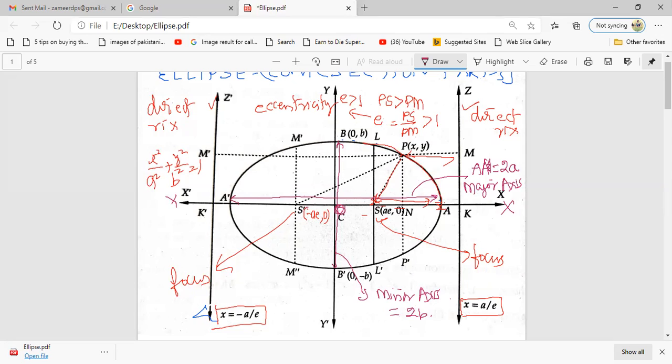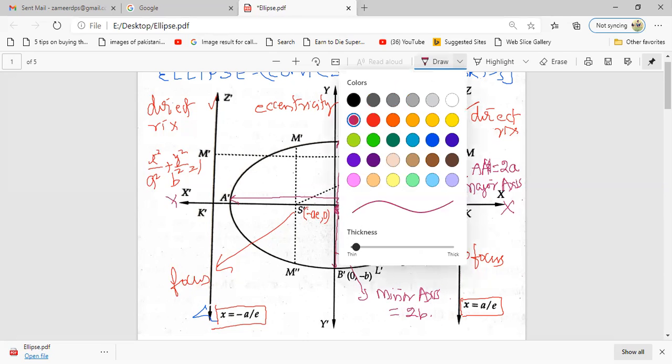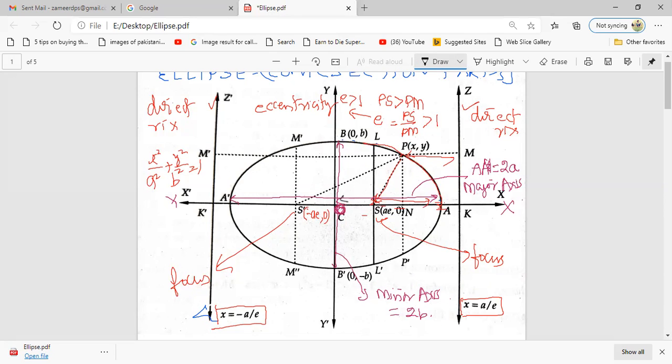They meet at origin O. From O to A on both sides is A, and from O to B on both sides is B. So half of the minor axis is B, half of the major axis is A, and that is why its equation is x square upon A square plus y square upon B square is equal to 1.